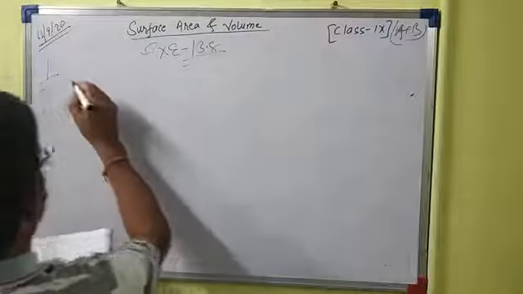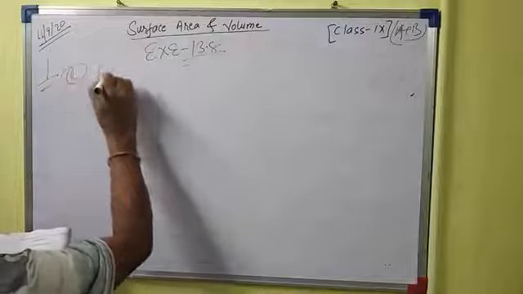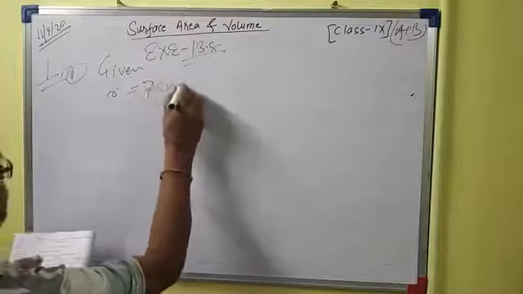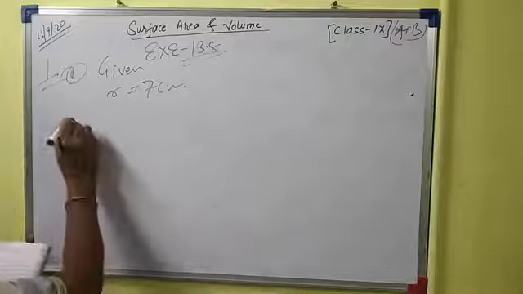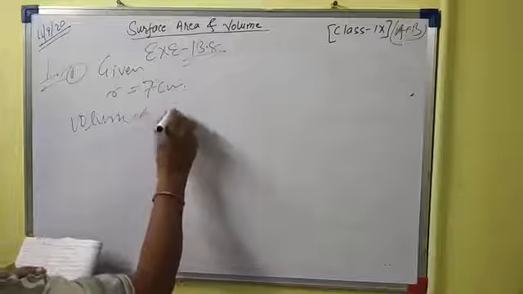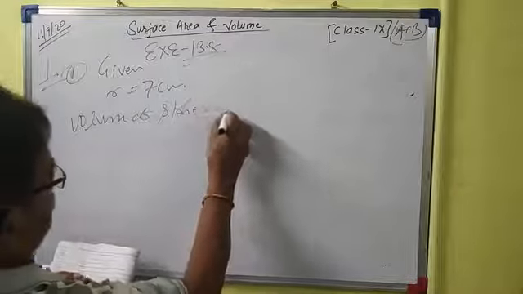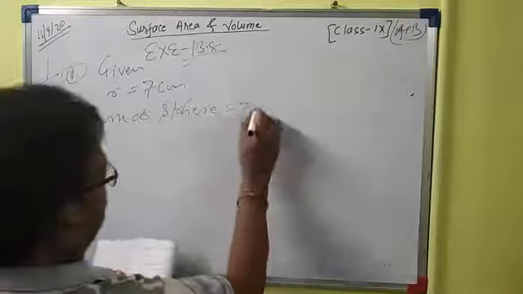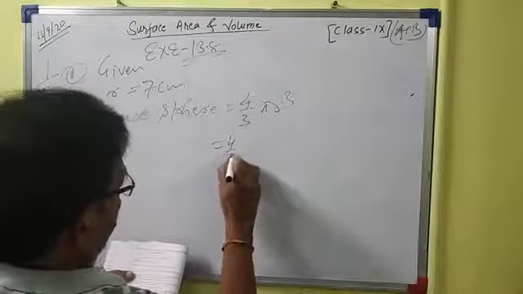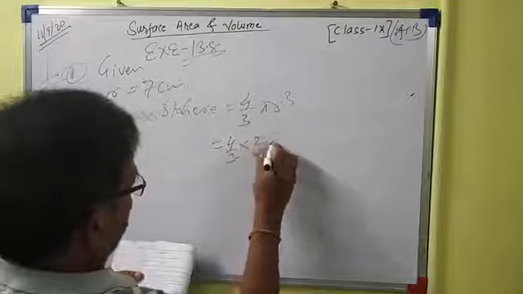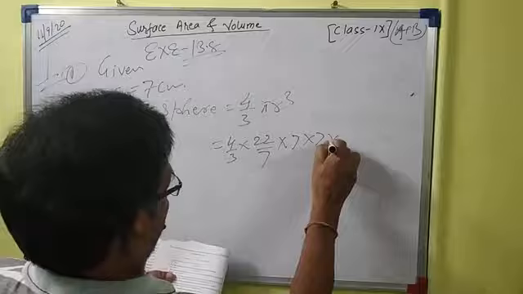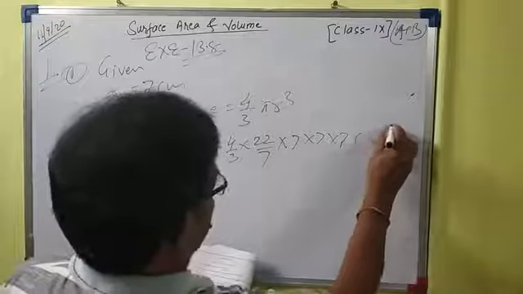First, given r is equal to 7 cm, volume of sphere equal to 4 by 3 pi r cube, 4 by 3, 22 by 7, 7 into 7 into 7 cm cube.